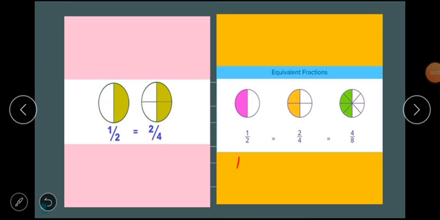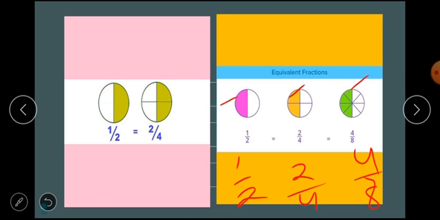So the first circle you can write as 1 upon 2. 1 is the shaded portion and 2 is the total portion. And here 2 shaded portions, so you will write 2 in the numerator and total 4 parts. I am dividing this circle into 4 equal parts, so you will write 4 in the denominator. And in the last circle, total parts are 8 and shaded portions are 4. So I will write it as 4 upon 8.